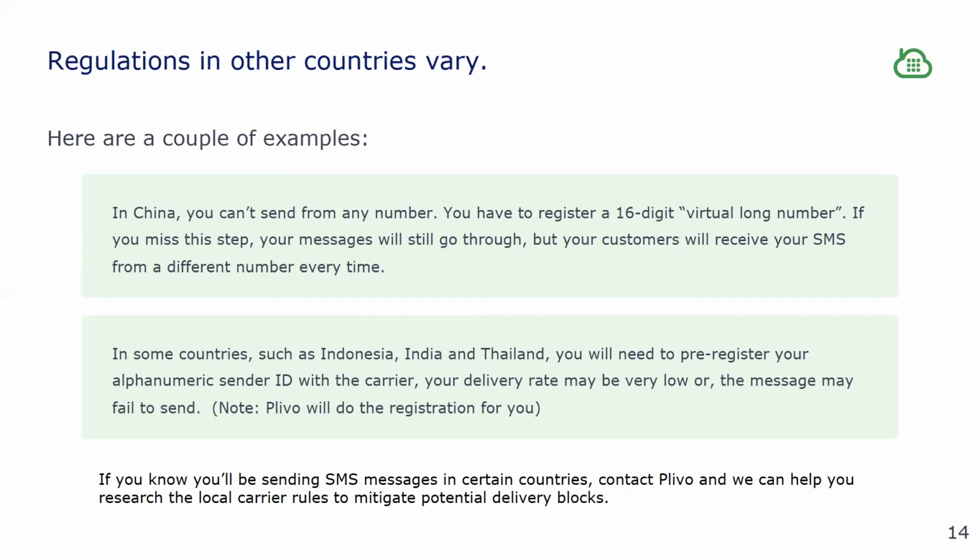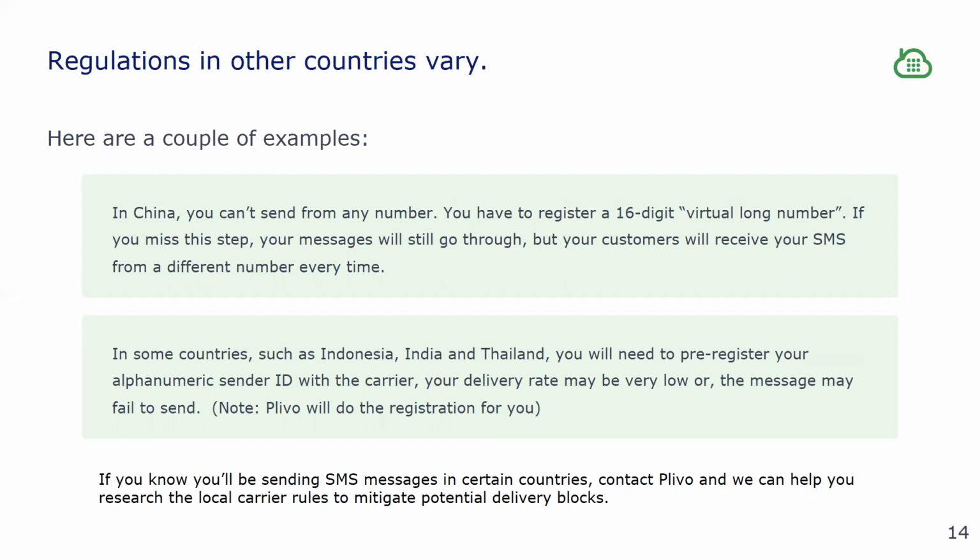For example, we get a lot of questions about China. Yes, you can absolutely message into China, but it can't just come from a random number or an alphanumeric code like other international destinations. In China, what you want to do is pre-register with the carrier association there what's called a virtual long number.